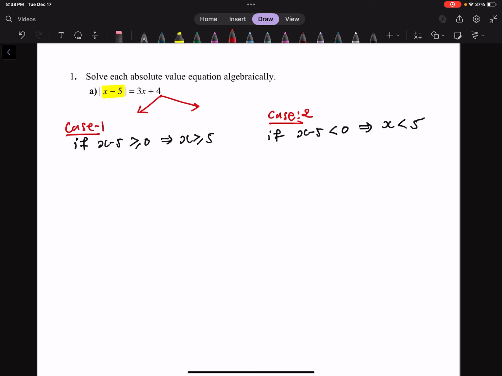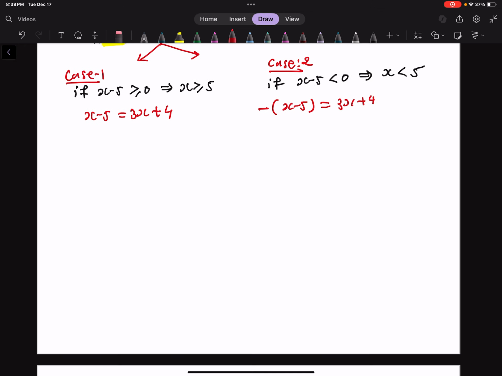Write the equation. First of all, if it is positive, write it as it is. But if it is negative, then put a negative sign outside. So first write the piecewise function and then solve it, like a linear equation. Combine the x terms.